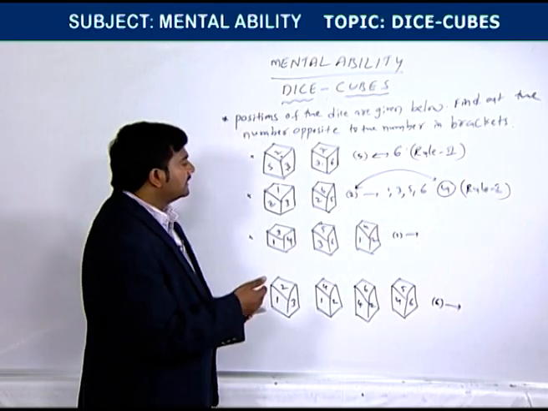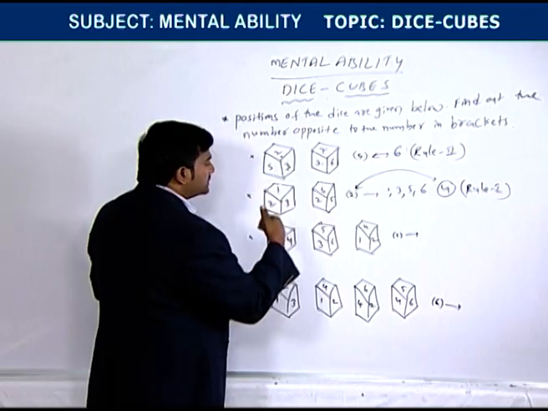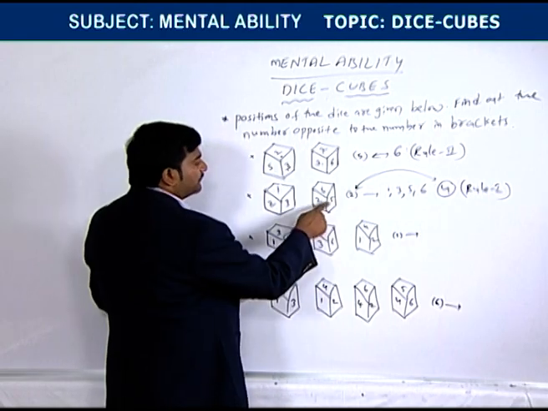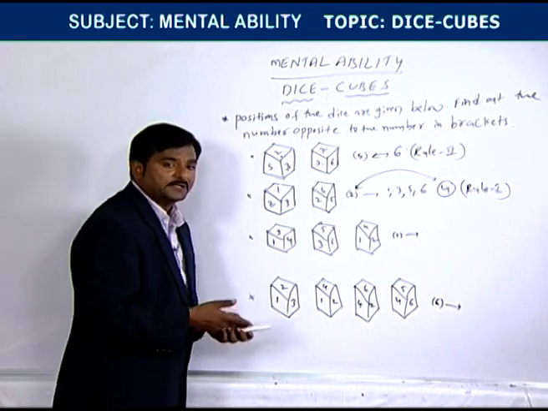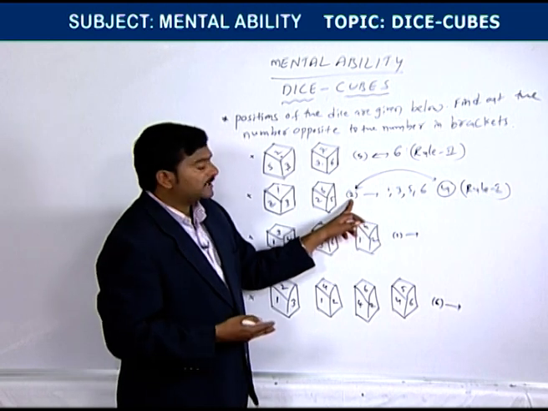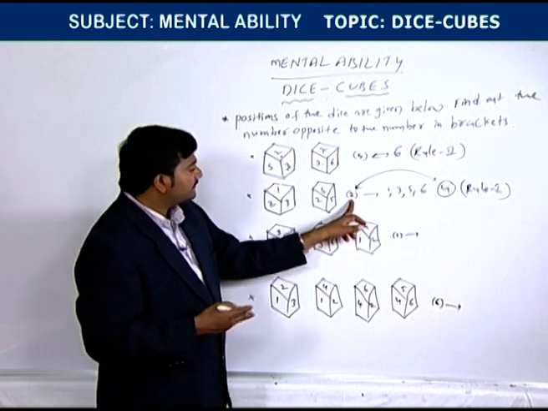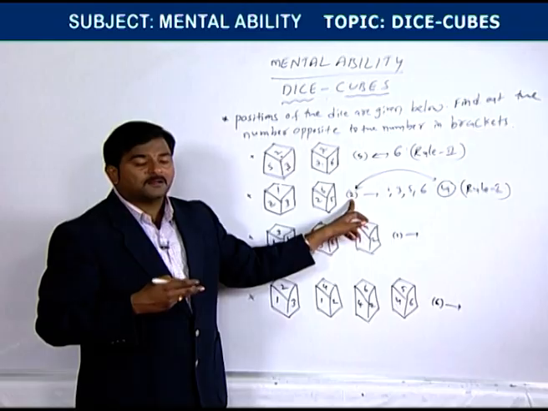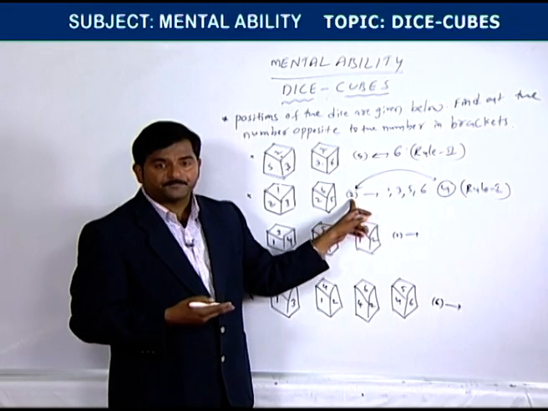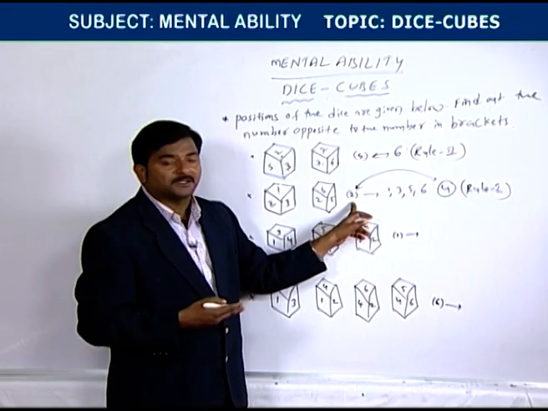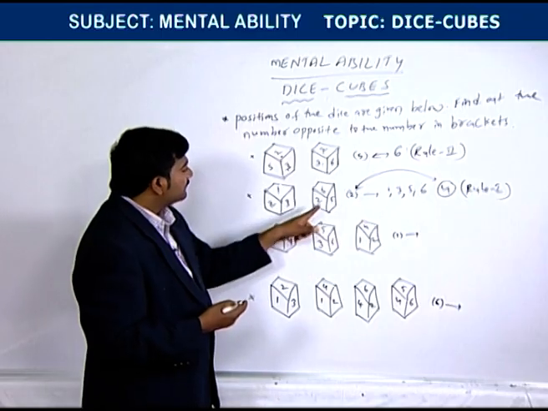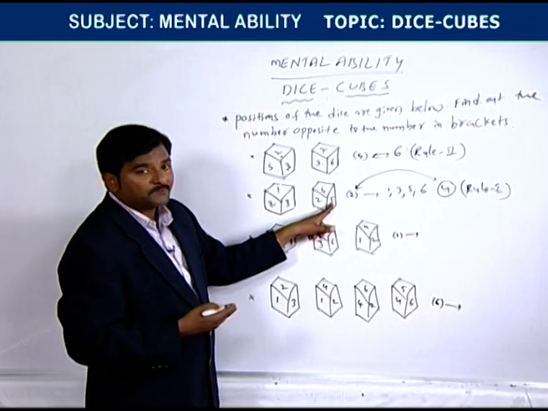Interestingly, instead of asking 2, suppose he asked to find 1 or 5. Now what will he do? Suppose in this question he asked to find which number is opposite to 5. Here 5 is available. Now which rule will we apply?